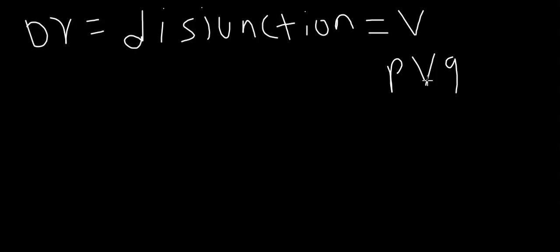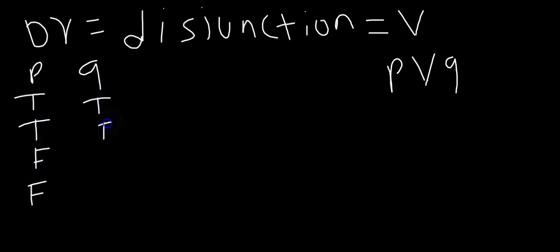So now let's see it. If we got P that is true, true, false, and false, and if we got Q that is true and false, true and false, then P or Q will be what? If it is true and true, it will be true.